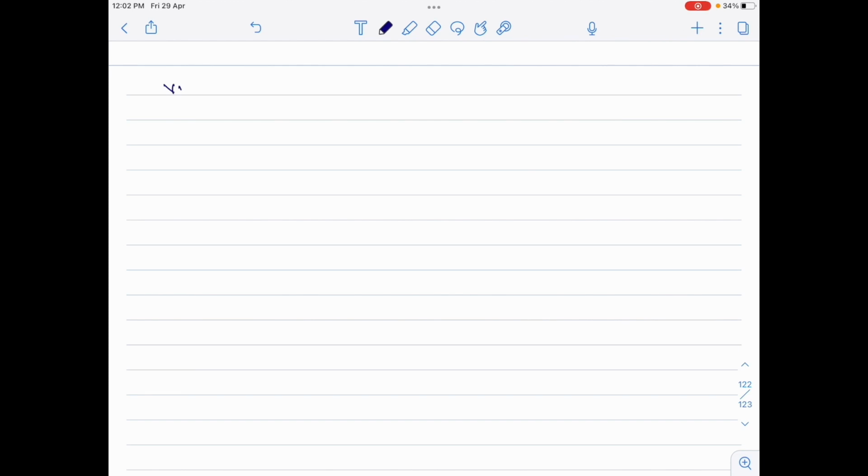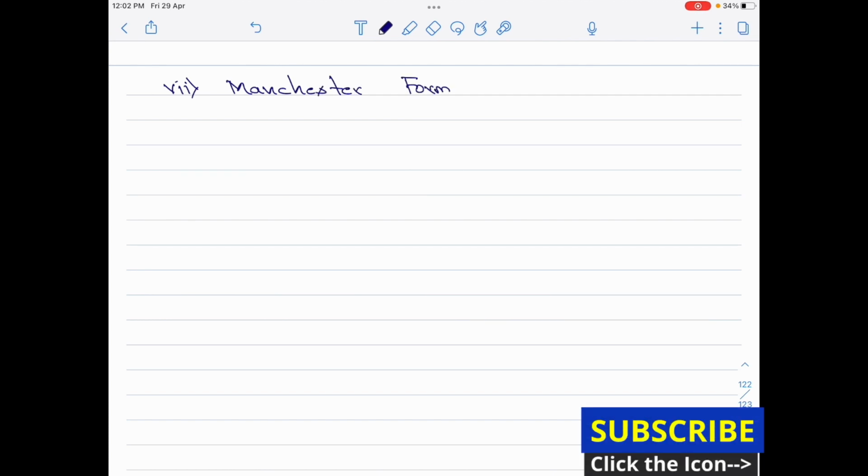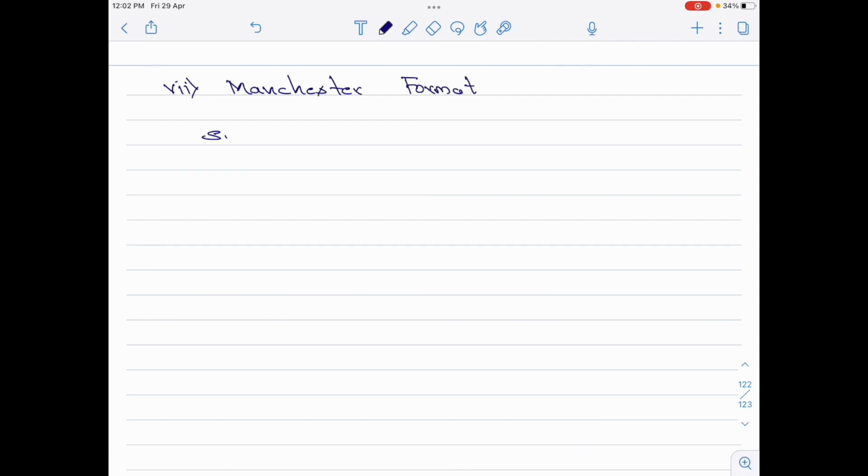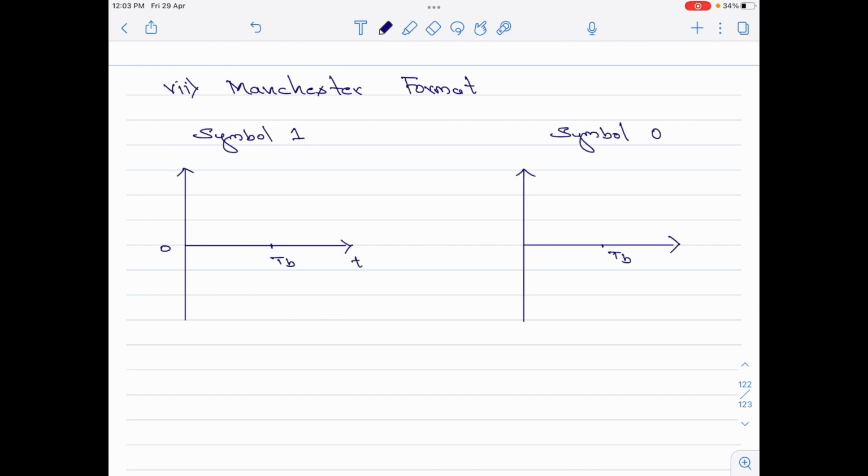Next, I move on to the 7th part of the question, which is to plot the Manchester format. Let me now quickly show how symbol 1 and symbol 0 are represented in Manchester format. Right. In the Manchester format, both symbol 1 and symbol 0 are represented with a doublet pulse.